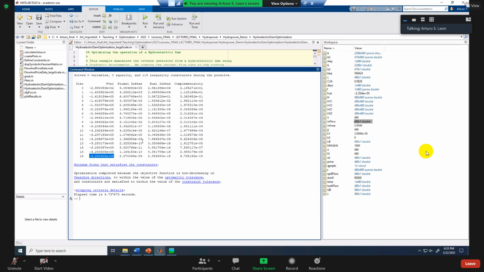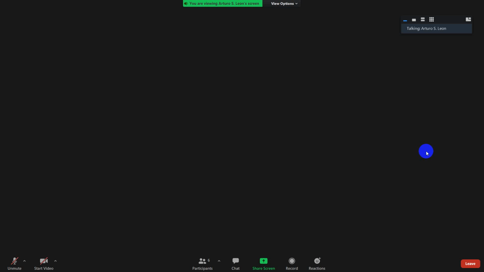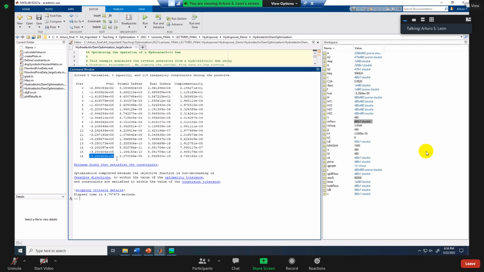Now, as you guys can see, at the beginning you start with minus 2.9 million, and then it goes down, and it's iterating, right? After some time, it will converge to a given value, in this case 3.25 times 10 to the 5 dollars. That is the optimal revenue.